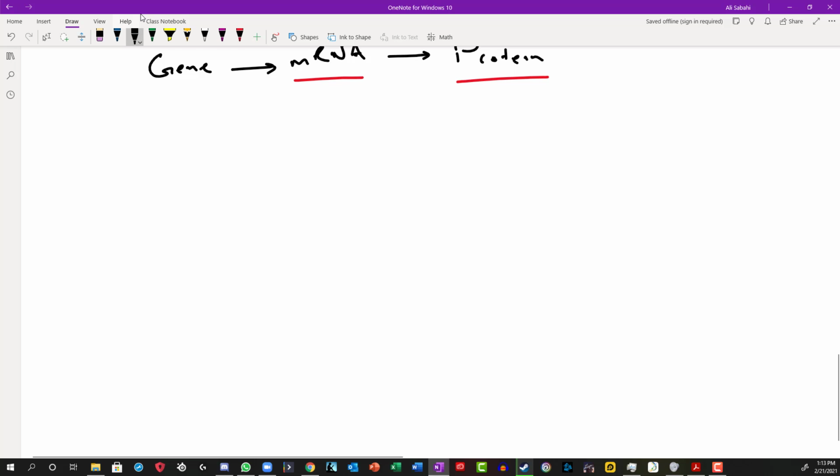And to do this, there's a technique called Western blotting. But before you can do Western blotting, you will have to separate all cellular proteins with a gel based on their size.